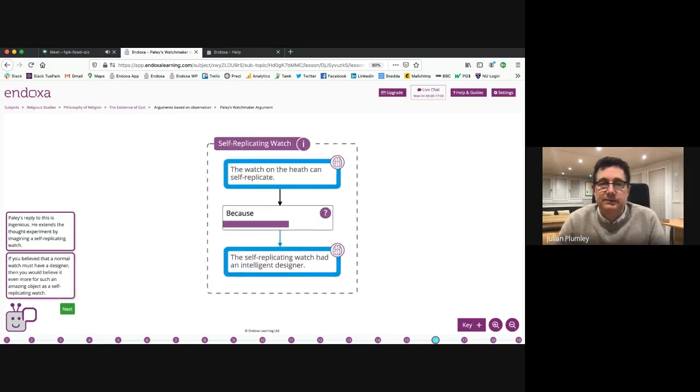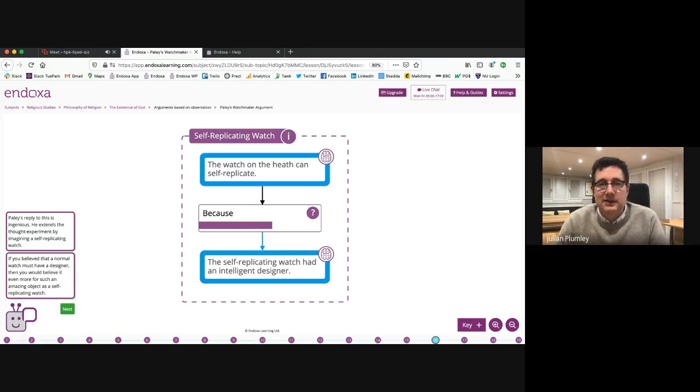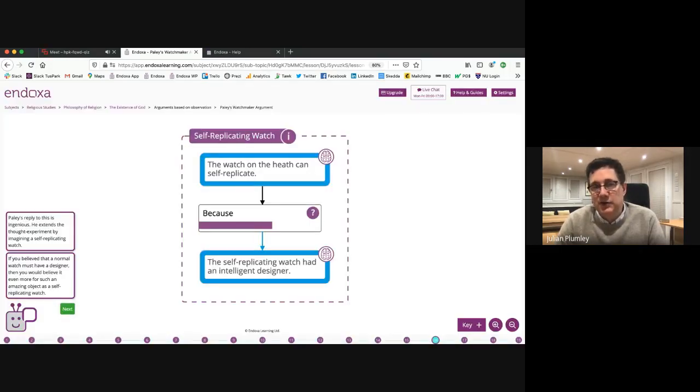So he changes his thought experiment. And if I click on the eye, he says, you're looking at this watch on the hillside, and then it manages to self-replicate itself. It reproduces. And then what do you think once you see that?